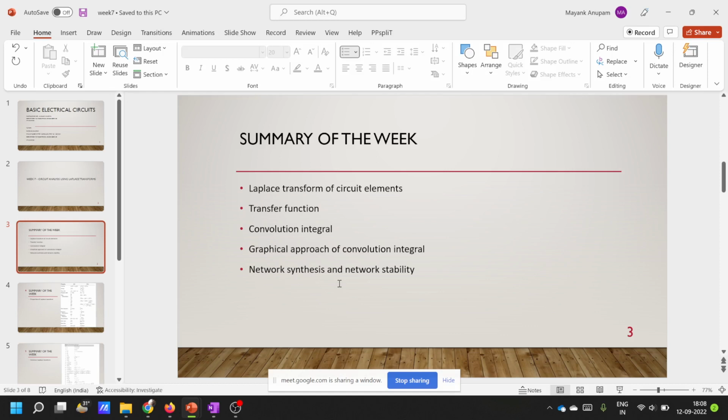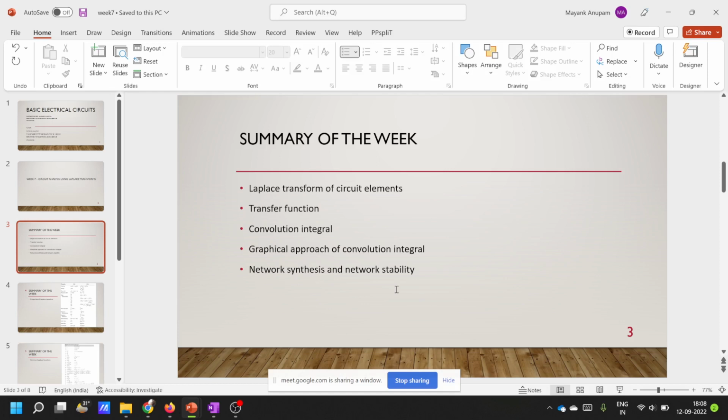Input should not go to infinity. It should be bounded, and for all those inputs which are bounded, you should have bounded output. Basically, the output should be within some range. It should not be infinite. Then you say that the network is stable. This is BIBO, bounded input, bounded output, yes.